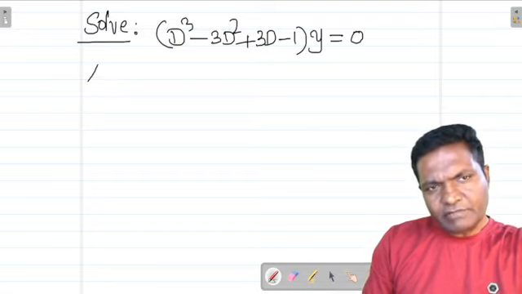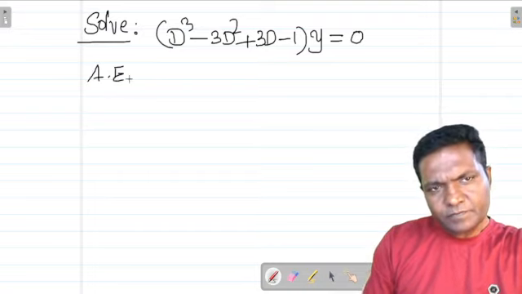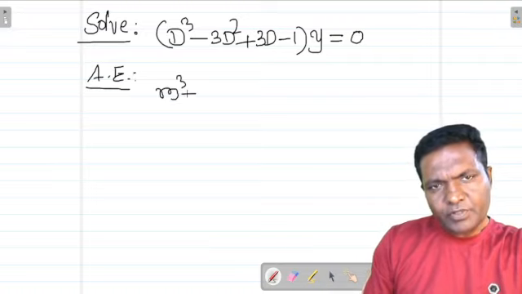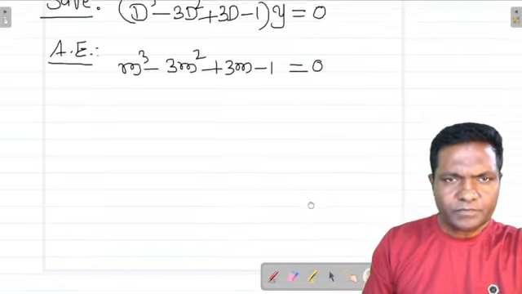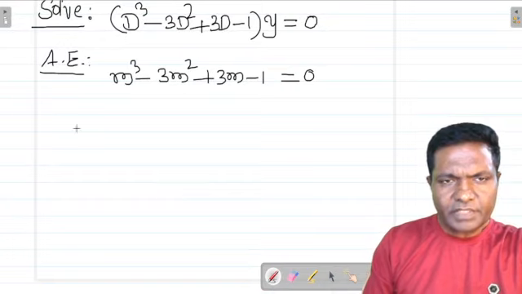So here the auxiliary equation is m cube minus 3m square plus 3m minus 1 equals 0. So this is very easily factorizable.